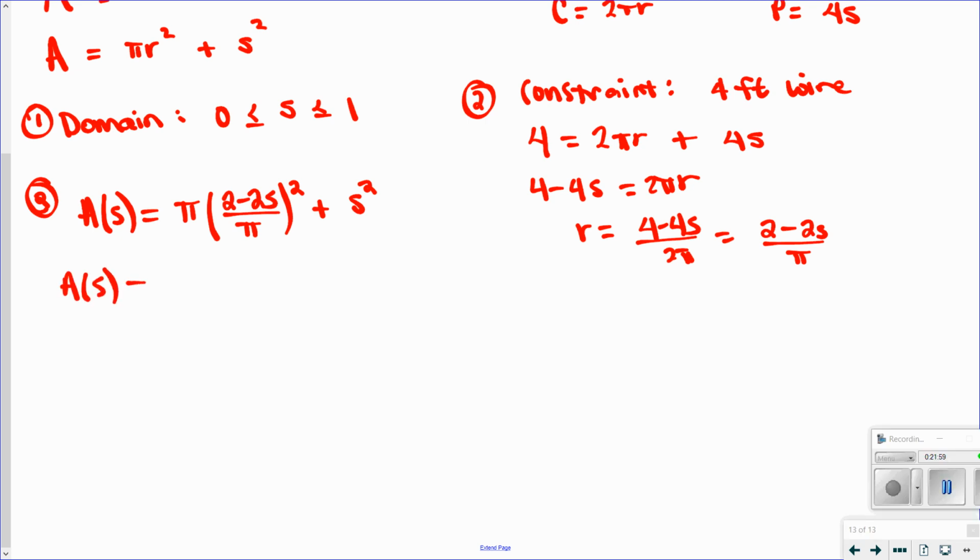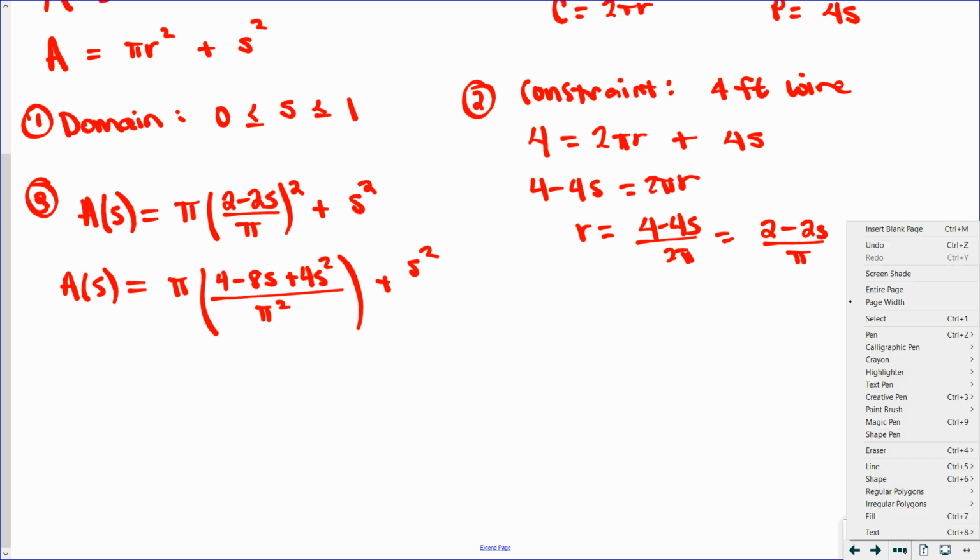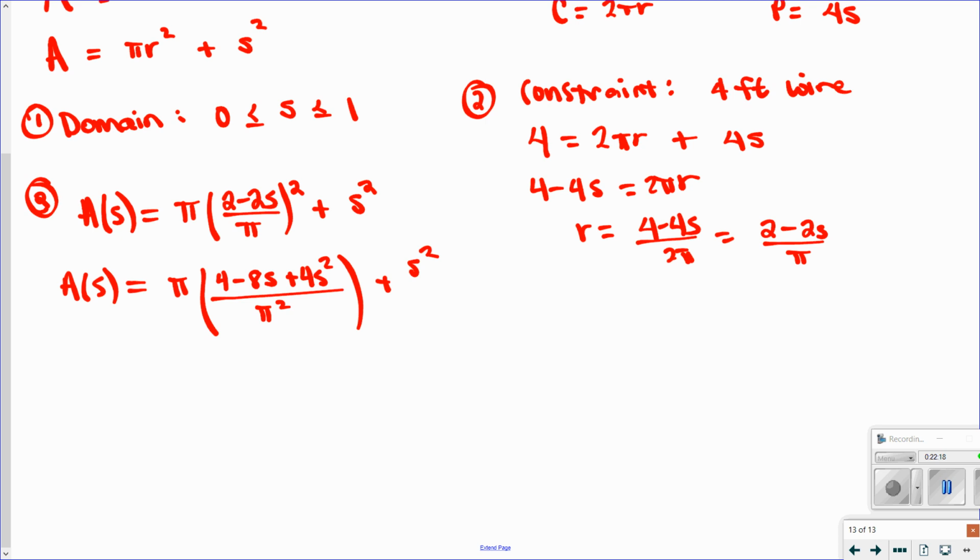So area based on side is going to be pi times (4 minus 8s plus 4s squared) over pi squared, plus s squared. What I was getting at is that we have a pi out front and a pi squared in here, so we can simplify a pi there.